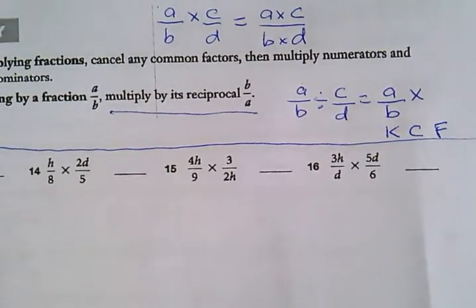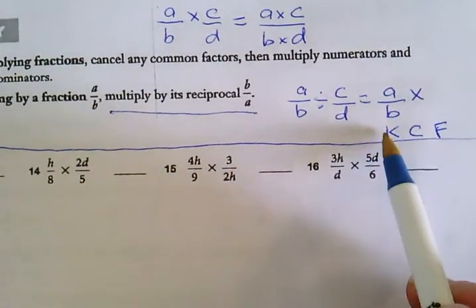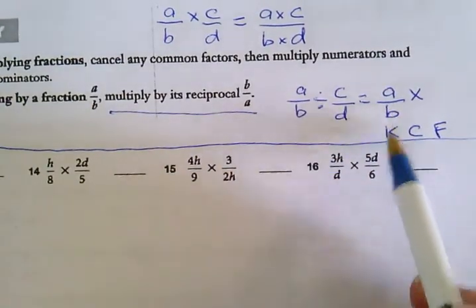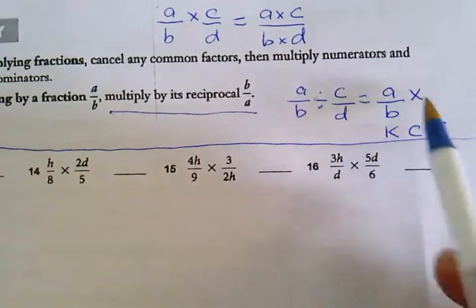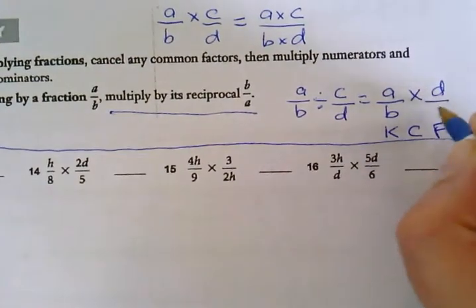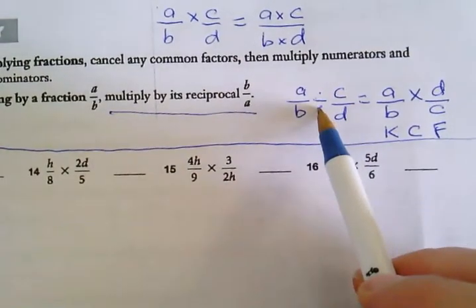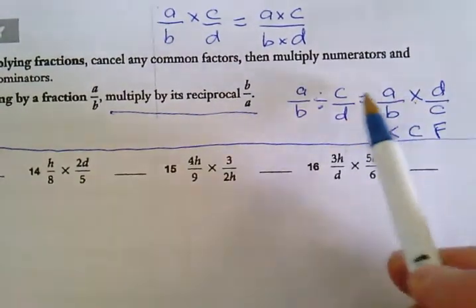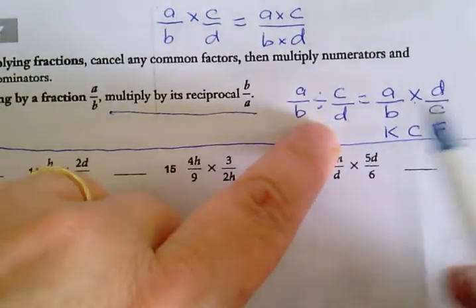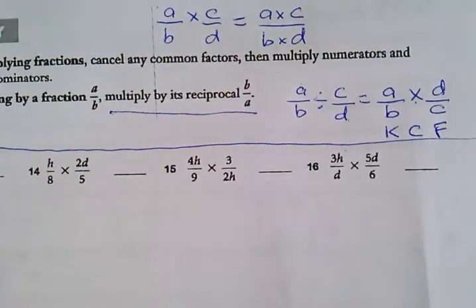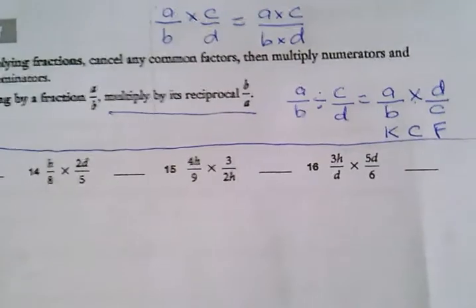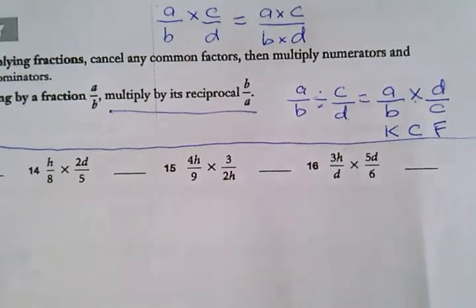Keep, change, flip, KCF. Keep the first fraction the same, change the divide to a times, and flip the second fraction. Why do we do that? Because the inverse operation, or the opposite of dividing, is timesing, and the inverse of c over d is d over c. So two inverses cancel each other out. All right?